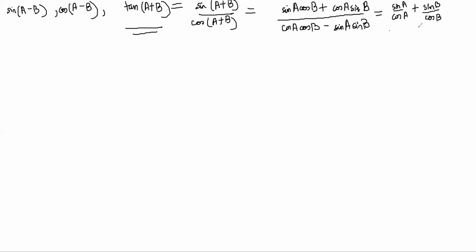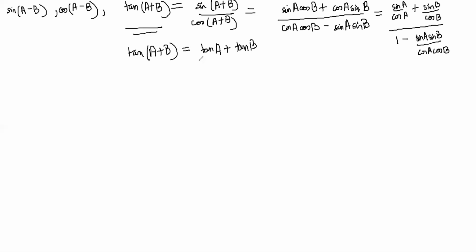You are dividing by cos a cos b, so this becomes 1 minus sine a sine b by cos a cos b, correct? So tan of a plus b becomes tan a plus tan b by 1 minus tan a tan b. Makes sense, correct?